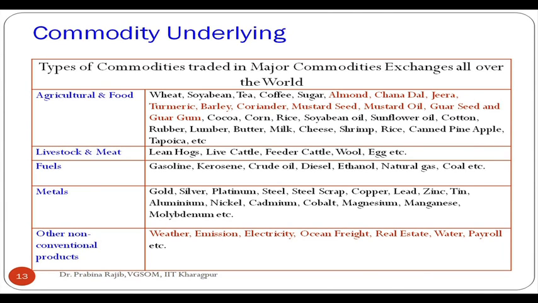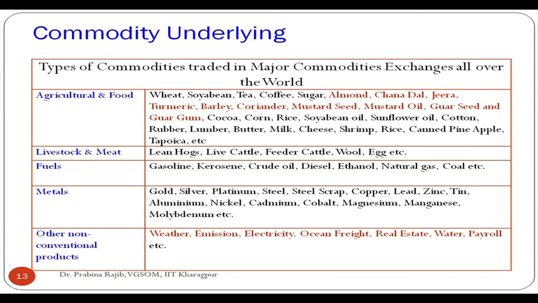So in the agricultural food category, you have the maximum number of contracts. You have livestock and meat category. These contracts are predominantly available at Chicago Mercantile Exchange, with wool available at Australian commodity exchanges.